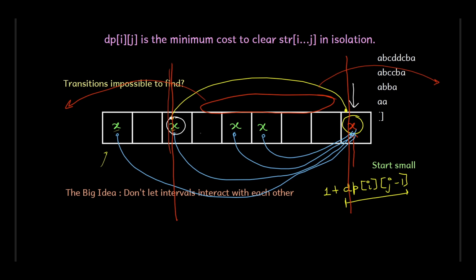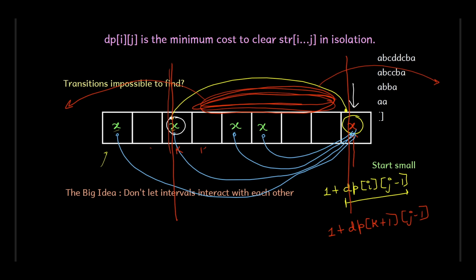So then you can see that you have to clear out this entire string somehow, and you have to do it in isolation. And what is the minimum cost to clear out this entire string in isolation? If this index is k, then that is nothing but 1 plus dp of k plus 1 and j minus 1.